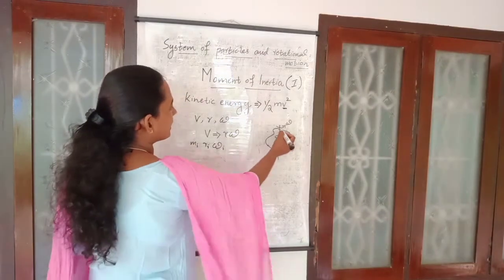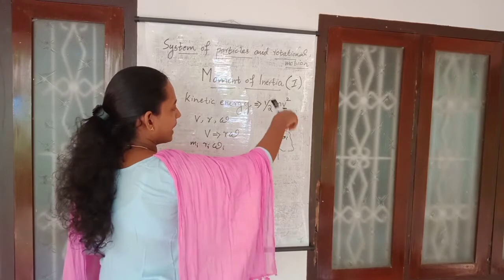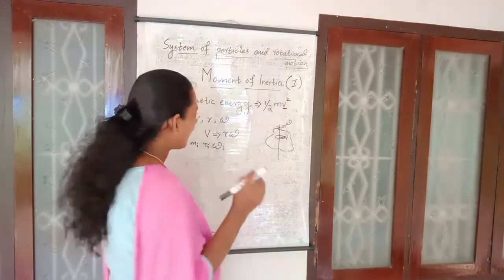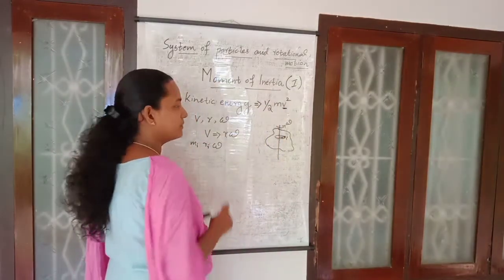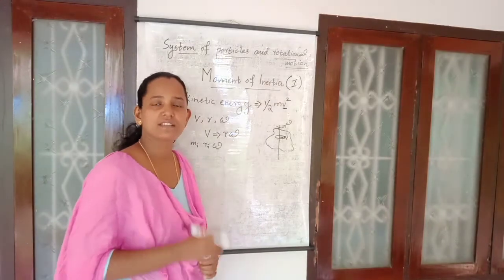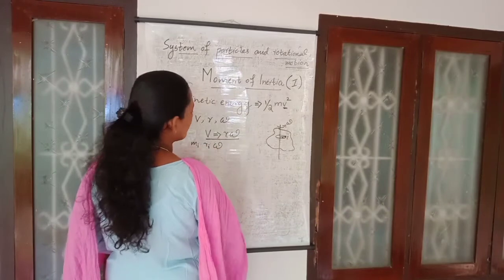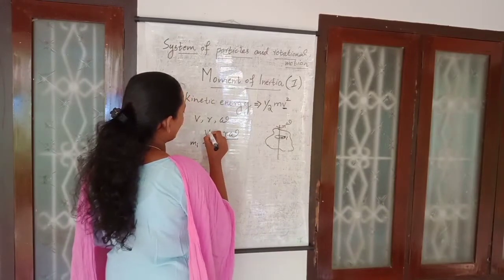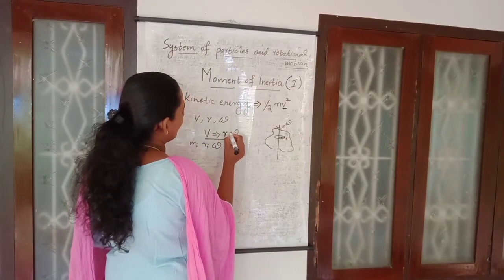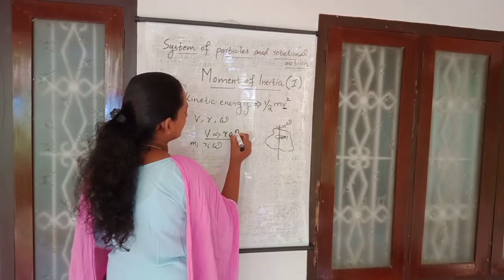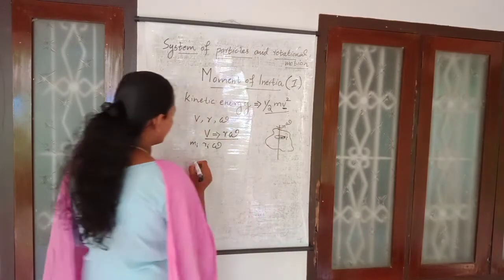But whenever we consider a rigid body rotating about a fixed axis, the angular velocity of all the particles is the same. Therefore, you can just choose it as omega. So we use this relation connecting the linear velocity, the position vector, and the angular velocity in the formula of kinetic energy.